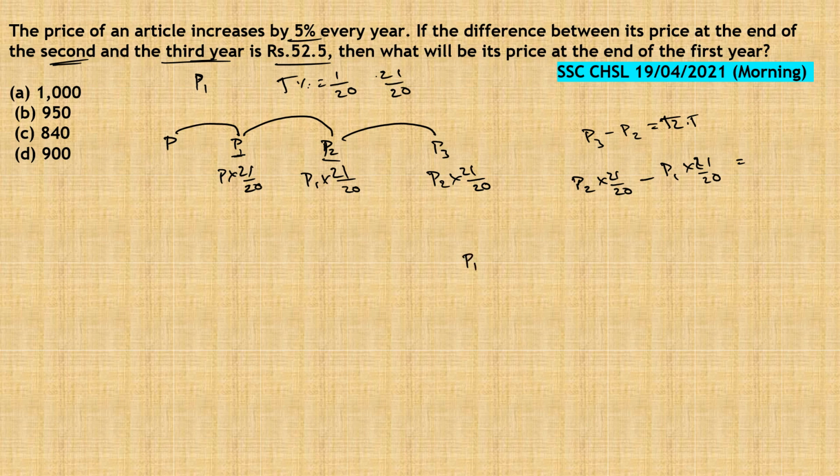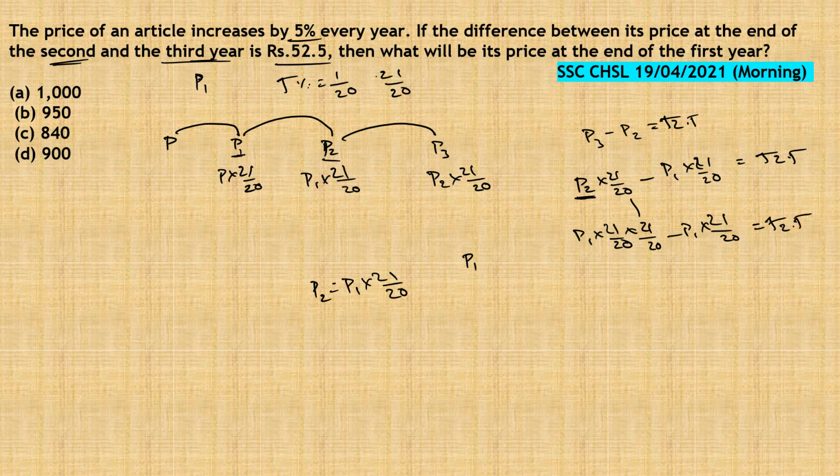We can convert P2 into P1, that is P2 is P1 of 21 by 20. I can write here P1 of 21 by 20 in the place of P2, that is P1 into 21 by 20 and 21 by 20 of it here directly, minus P1 into 21 by 20, which gives the difference of 52.5.